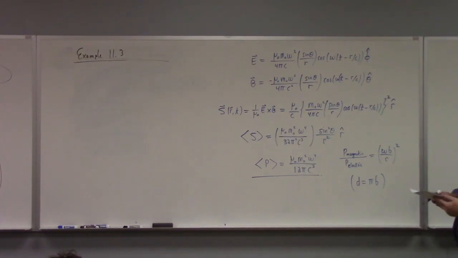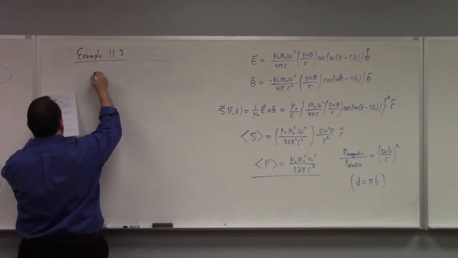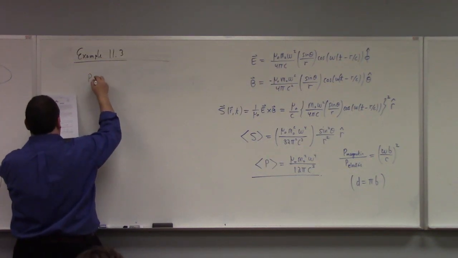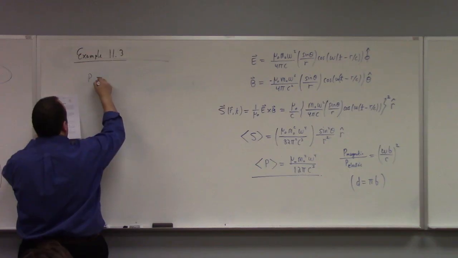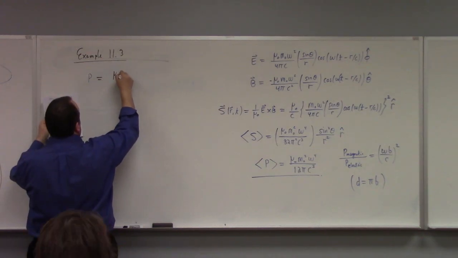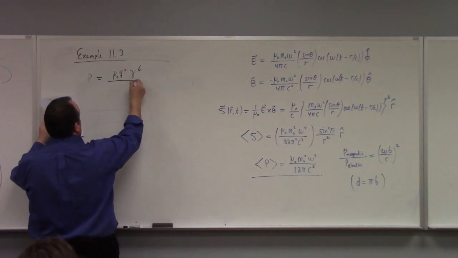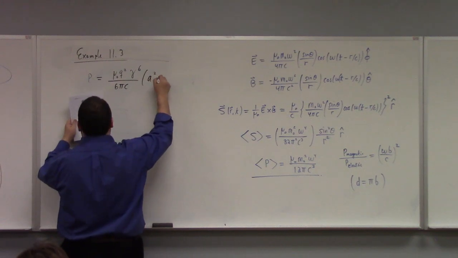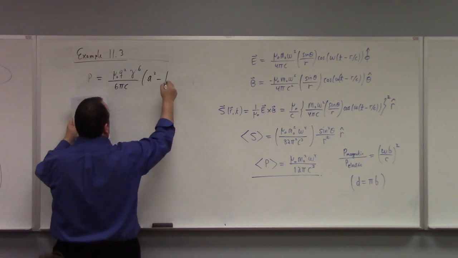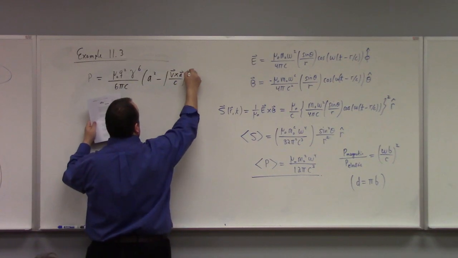And so that formula that he derives, this is Lienard's generalization of the Larmor formula. It says that the power is mu naught q squared gamma to the power 6 divided by 6 pi c, times the acceleration squared minus the magnitude of the cross product of the velocity and the acceleration divided by c, quantity squared.